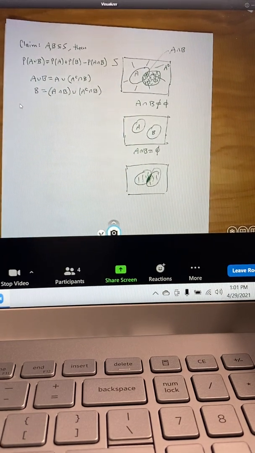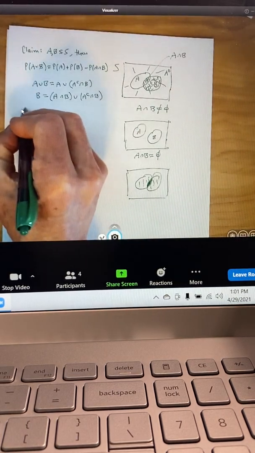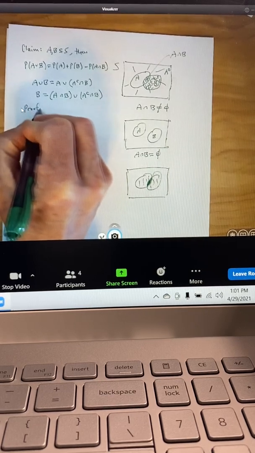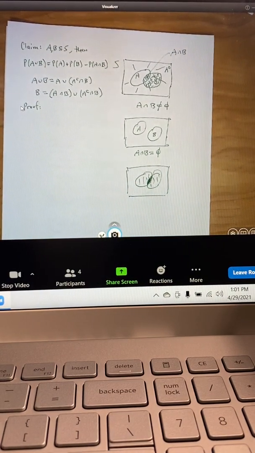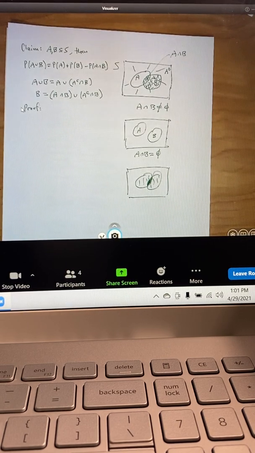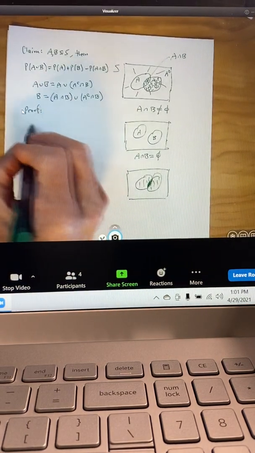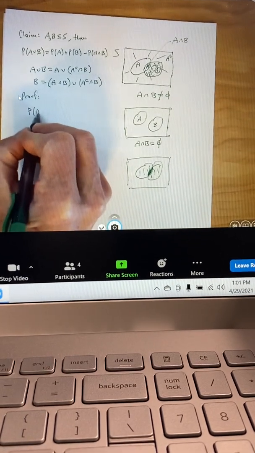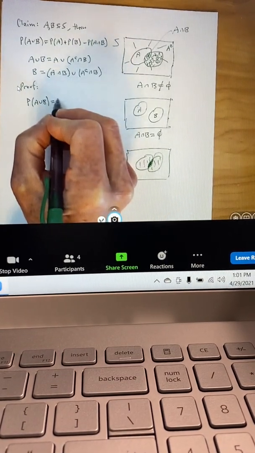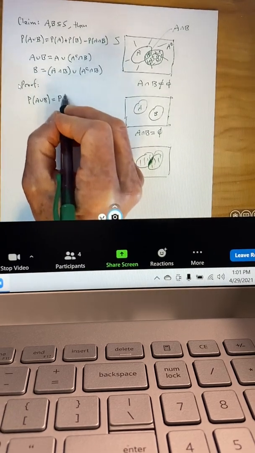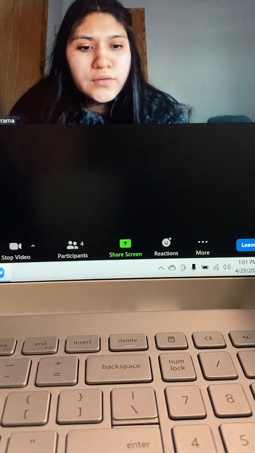Okay. All right. So here's a proof. My hint down below is we want to use axiom 3 and write down equations for the probability of A union B and the probability of B. So we know that the probability of A union B is equal to the probability of A union (A complement intersect B).